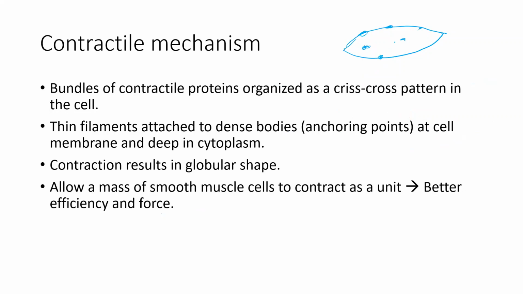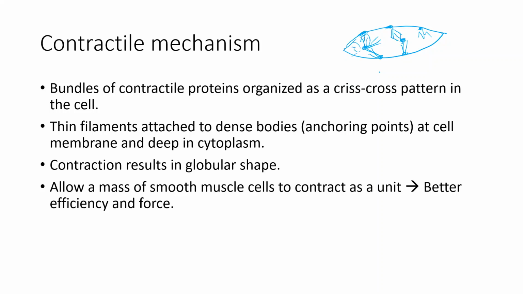So there are dense bodies like this, and these are anchoring points for the filaments. You have filaments extending between these points like this. Okay? So they are arranged in a crisscross pattern across the cell.